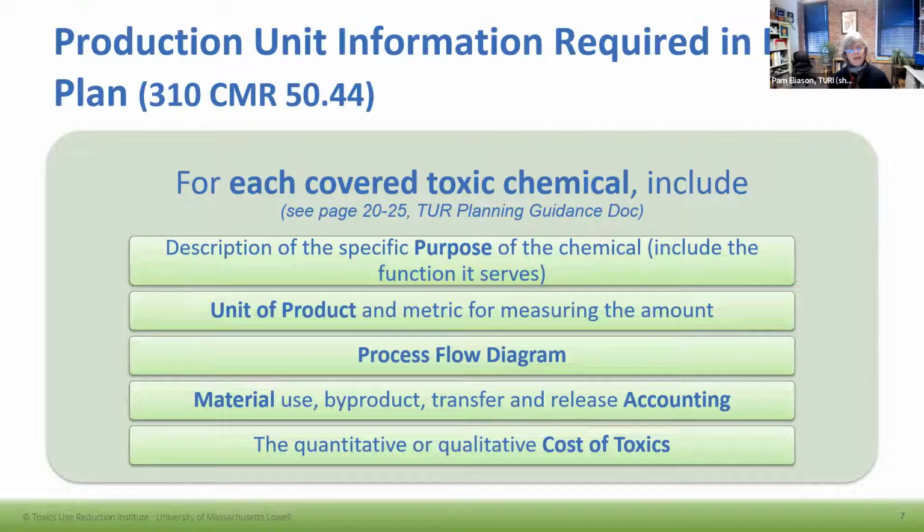And then finally, you need to provide the cost of toxics, the cost for using the toxic chemical that you're looking for a way to reduce. And within the regulation and within the guidance, it talks about how you can either have a quantitative cost of toxics or a qualitative cost of toxics. So these are the required elements of process characterization within your toxics use reduction plan.